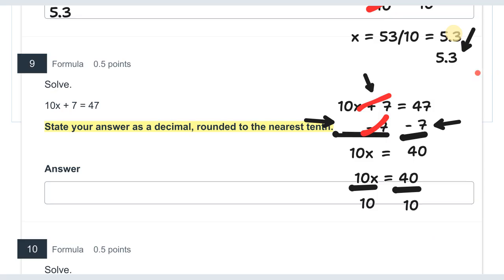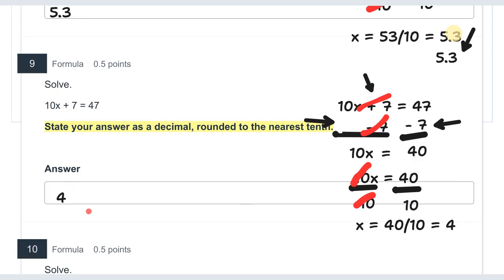On the left side, those 10's go away, which is what I wanted, right? So x is equal to 40 divided by 10, which is better known as 4. No rounding on that one at all.